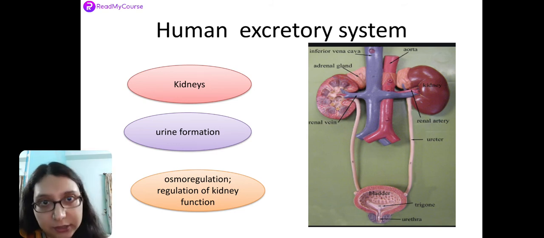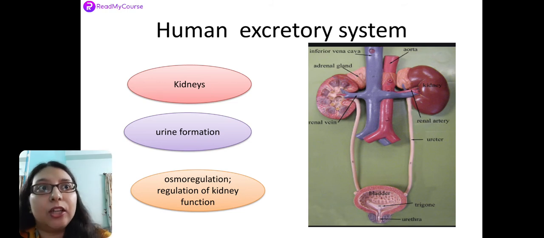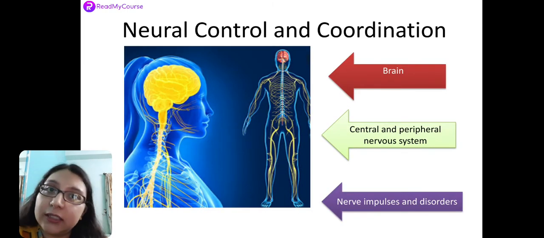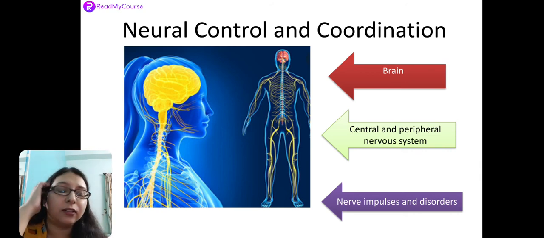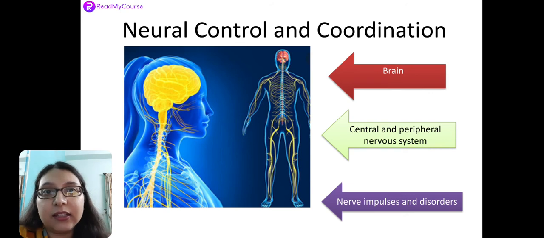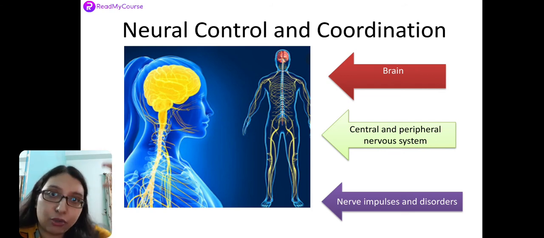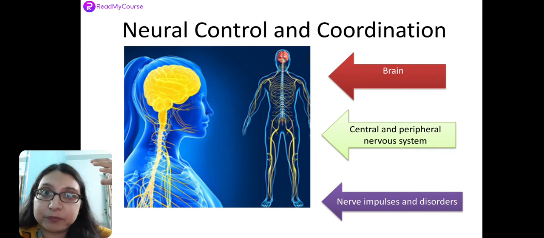Now moving to the next slide, we have another important topic, that is the brain, that is the neural control and coordination. Now the human brain is the control center of the body. Just like the nucleus was the control center or the brain of a cell, similarly in our human body the control center is the brain.